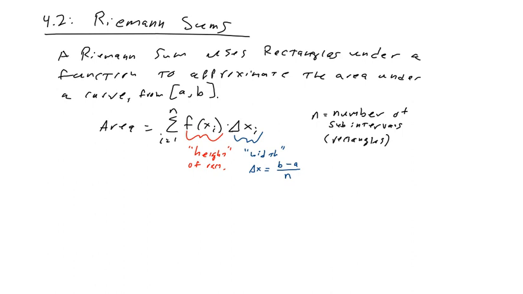This equation can help us figure out the width of the rectangles. We take the range, our ending number minus our starting number, the distance between the endpoints, divided by the number of rectangles. That gives us the size of each rectangle, even subintervals. That's why we call them subintervals, because they're inside this other interval, cutting it up into this many sections of this width.